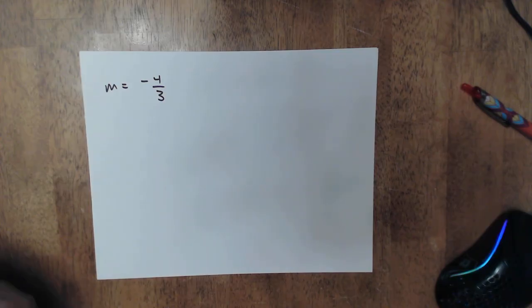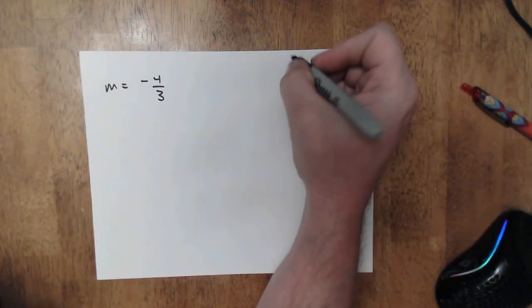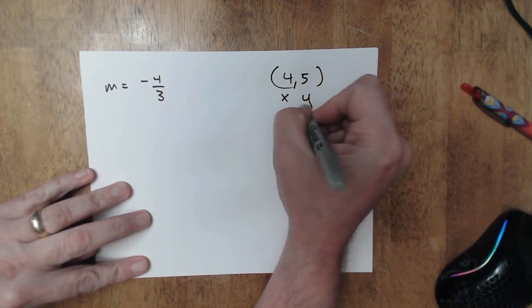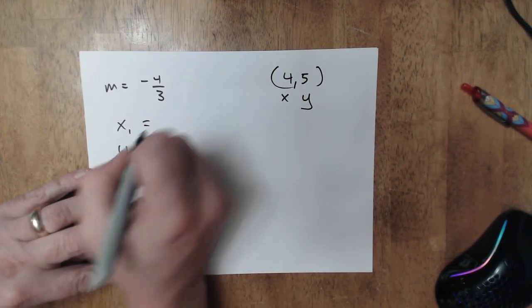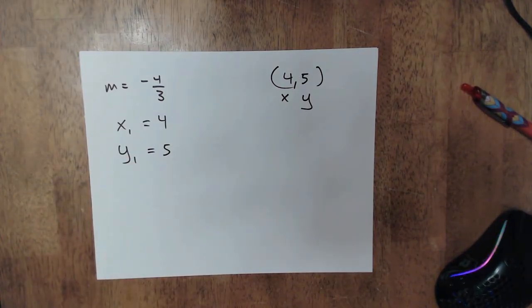Where does this line need to go through? And if you saw before, I've got a point 4, 5. Okay, so 4, 5. All right, and this is the x value, this is the y value. More importantly, that's the x1 value and the y1 value. Okay, so the x1 is 4, the y1 is 5. Cool. Actually, I'm just kind of building up to let's go ahead and do an example.